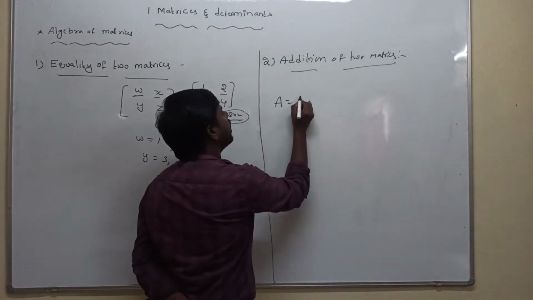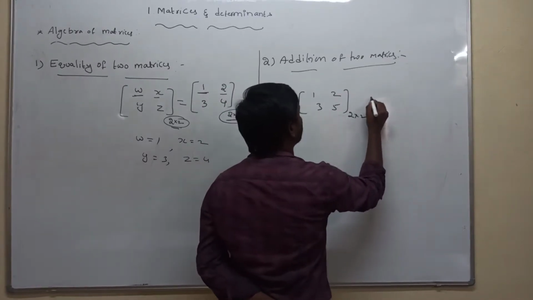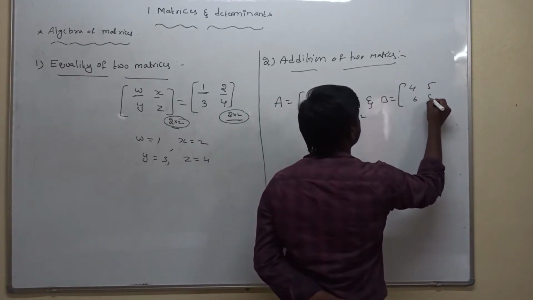Observe here, A is equal to 1, 2, 3, 5. The order of this matrix is 2 by 2, and B is equal to 4, 5, 6, 8.